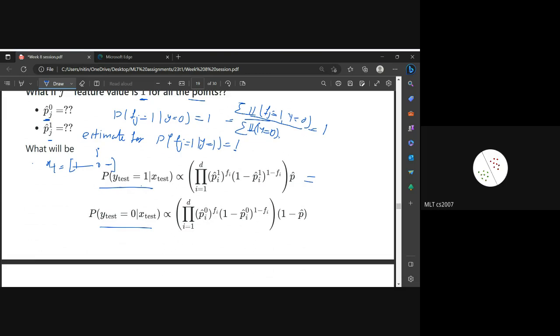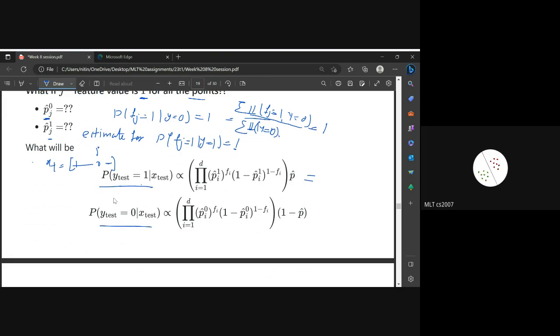Now a test data point comes where the jth feature value is 0, and I have to predict the label for that. In this case, what will this probability be? Since this is fj 0, this will become 0, this will become 1, and this will become 1 minus 1, times 1.